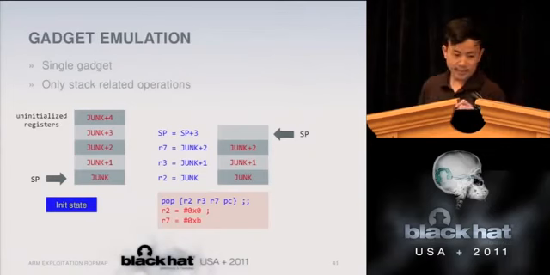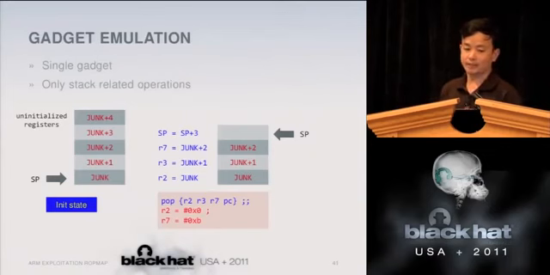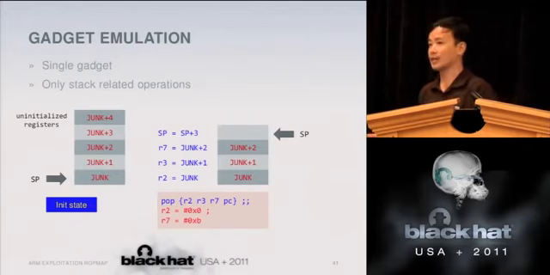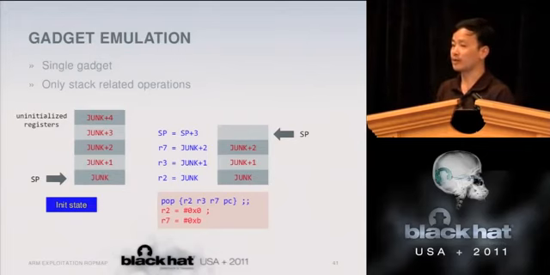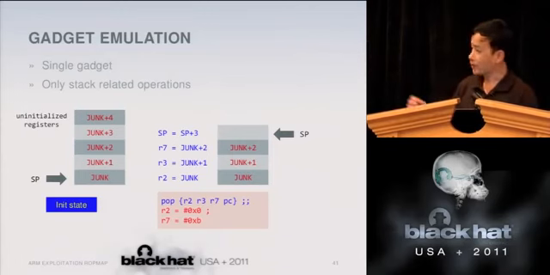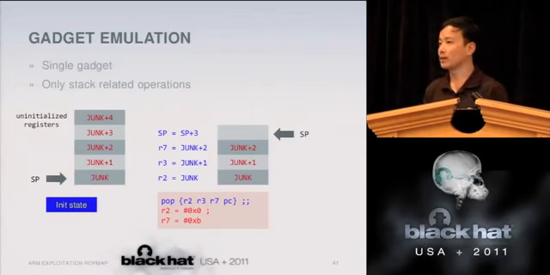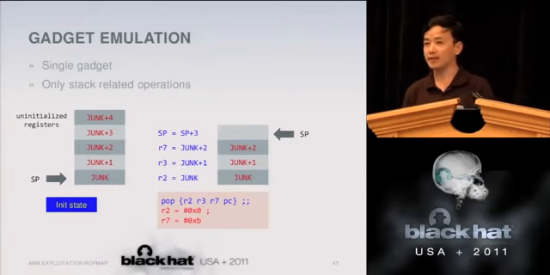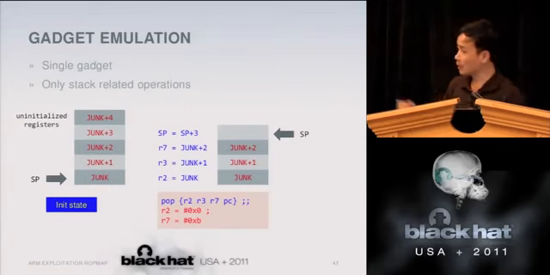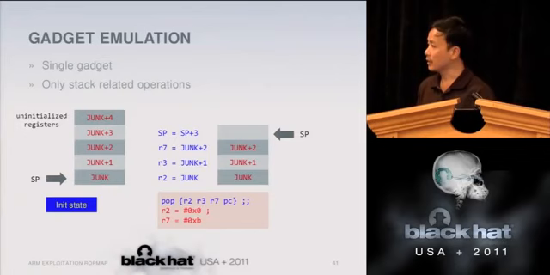Next, we do the gadget emulation. We do it for every single gadget, and we repeat the above step for every gadget, focusing just on stack-related operations like pop, load, add SP, and so on.